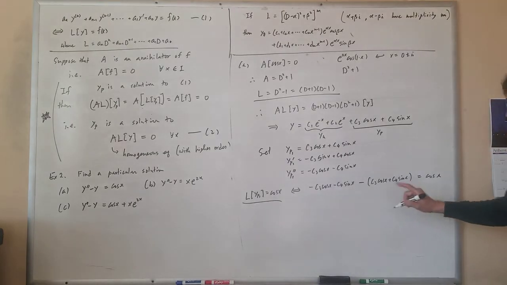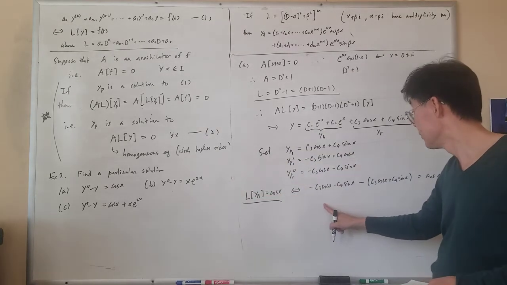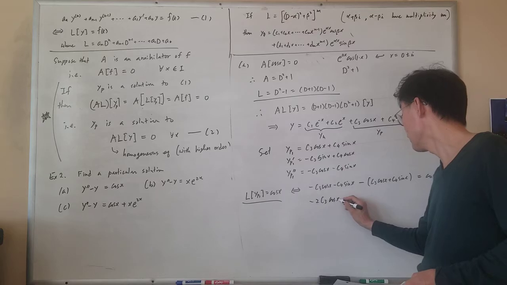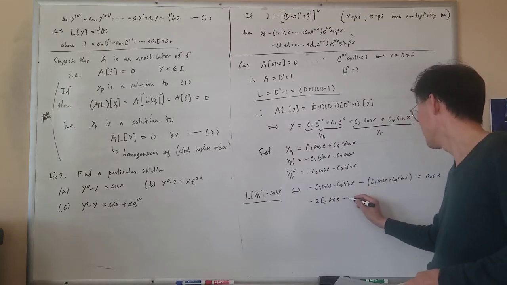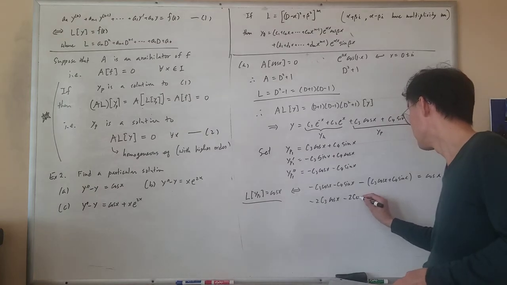We have to satisfy it, just plugging it back into the original equation. Then what do you have? Minus 2c3 cosine of x minus 2c4 sine of x.